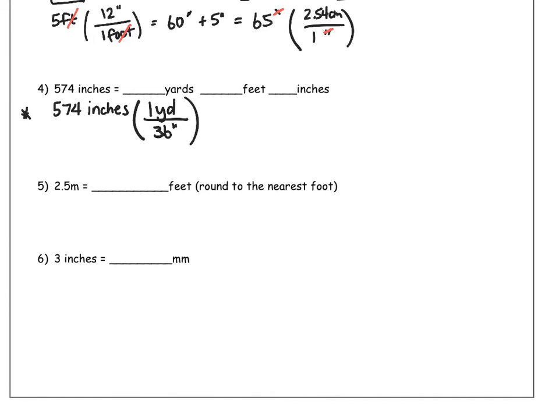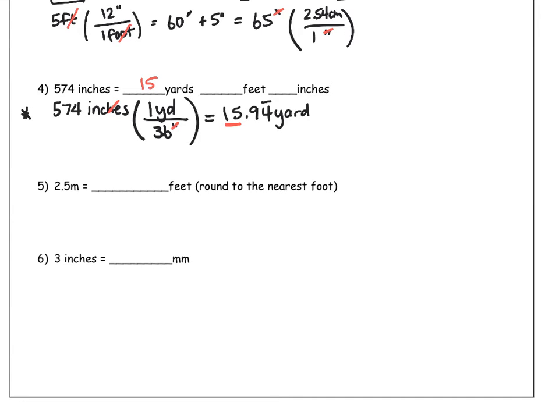So when I do that, I know that my inches will cancel away and I'm going to be left with yards, but the thing is that it's a decimal number. It's not a nice number. So this leaves me with, when I put this in my calculator, 15.94 repeating yards. It just goes on and on and on forever. So what I know is that I have 15 full yards, and then I have that 0.944444 yards left over.